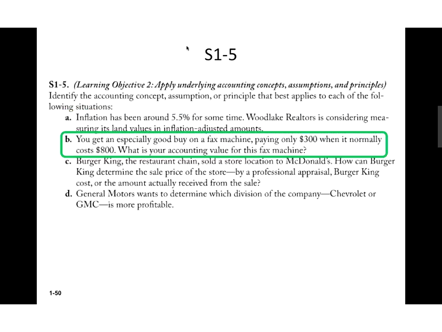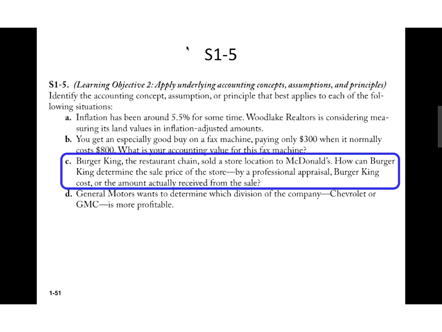Okay, you get an especially good buy on a fax machine, paying only $300 when it normally costs $800. What's your accounting value for this fax machine? The principle that covers there is historical cost. You record it at its cost. Burger King sold a store location to McDonald's.